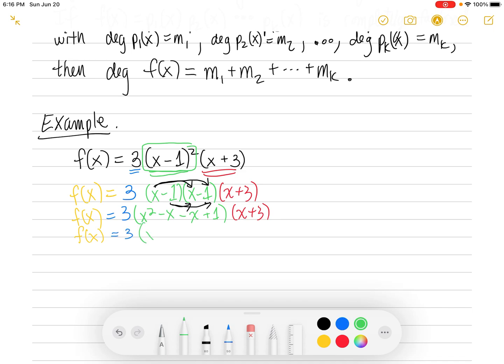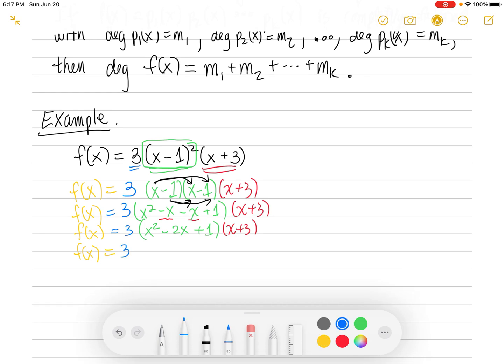I still have to combine my like terms here. We have x squared, and when you combine the minus x and the minus x, you get minus 2x, and then plus 1, and then multiply that by x plus 3. Okay, so I've combined my like terms in the green. The green has been foiled out. Now we're going to multiply the green and the red.